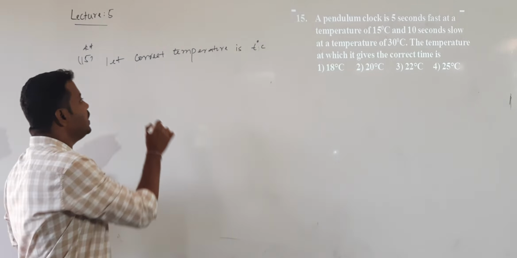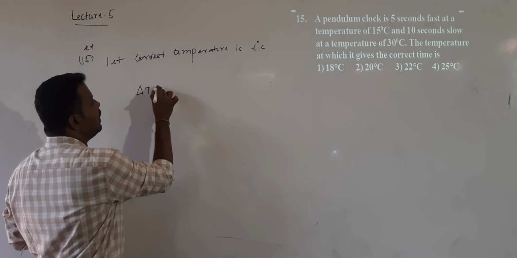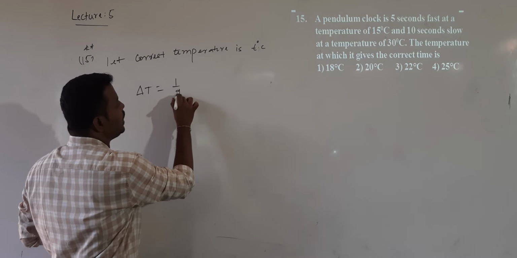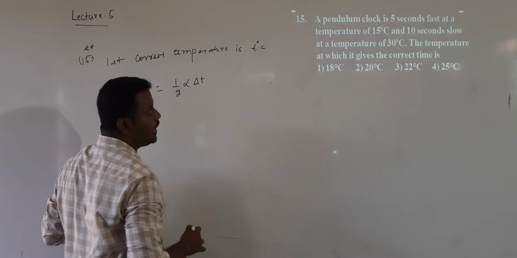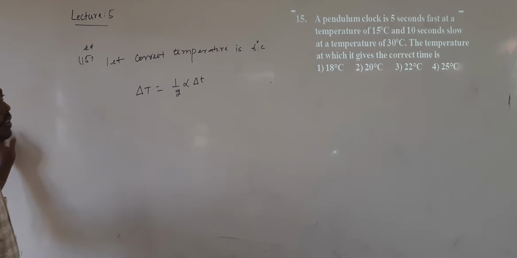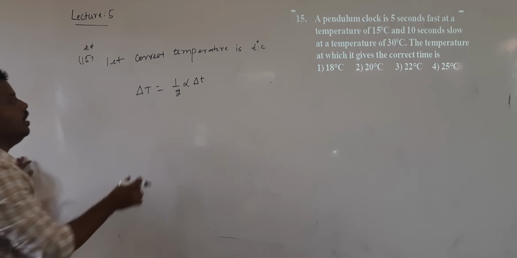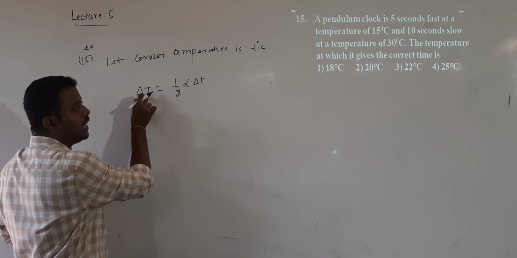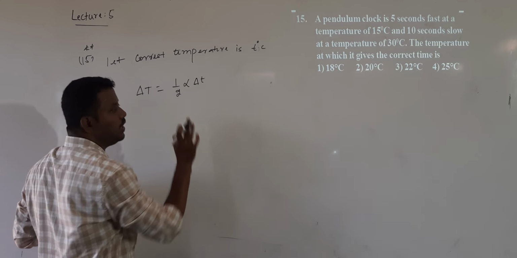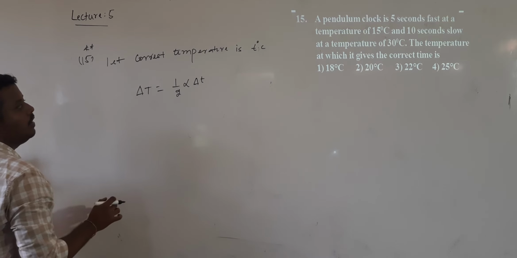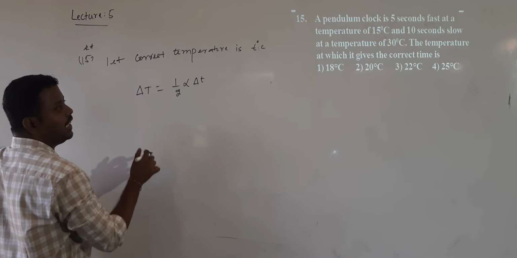What is the formula for the loss or gain of time? The loss or gain of time per second is given by delta T equal to 1 by 2 into alpha into delta T, where delta T is the change in temperature.